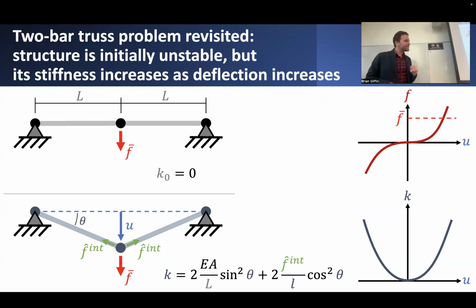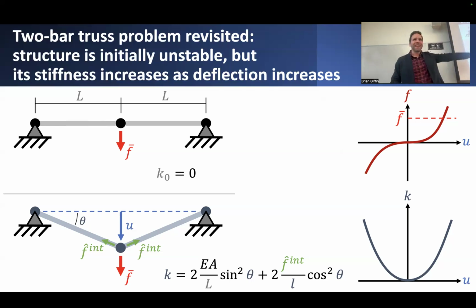If we look at the stiffness, what's interesting is right at the initial configuration, we can plot transverse stiffness versus displacement. It too will exhibit this kind of interesting U-shaped phenomenon. Stiffness is just the derivative of this expression with respect to U. So the derivative of that red curve with respect to U, the single parameter, gives us this U shape.